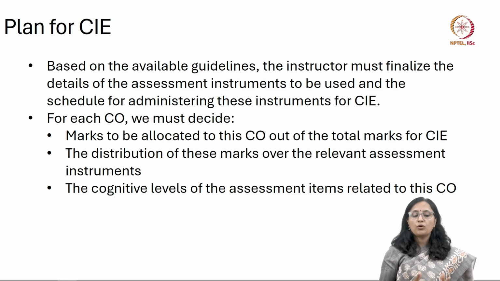And thirdly, the cognitive levels of the assessment items related to these course outcomes should be decided and tagged. Because it might happen that for one course outcome, if 4 marks are allocated, then we might choose to have say 3 marks from the understand cognitive level and another 1 mark from the remember cognitive level. These specifics we will discuss in our subsequent slides through an example.